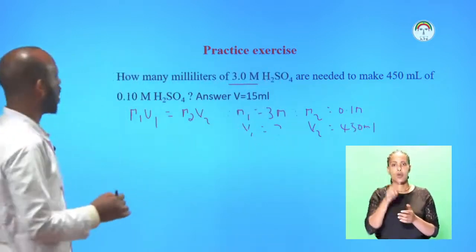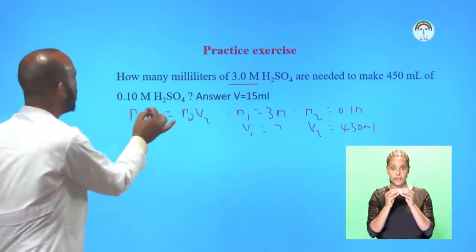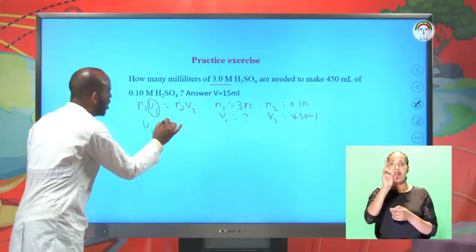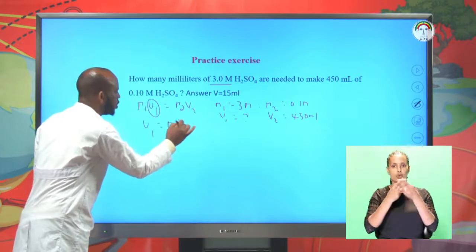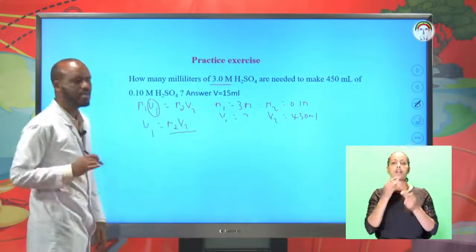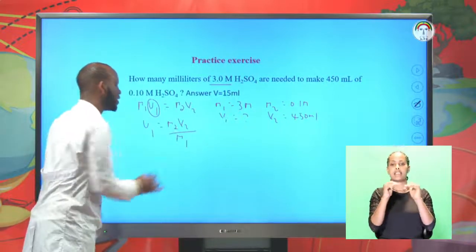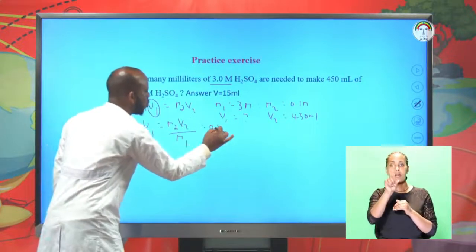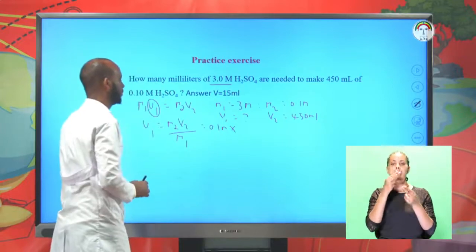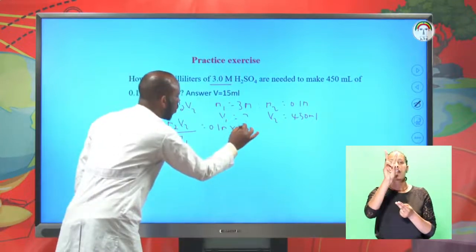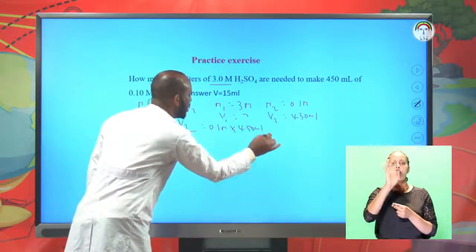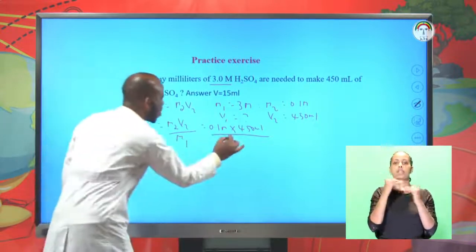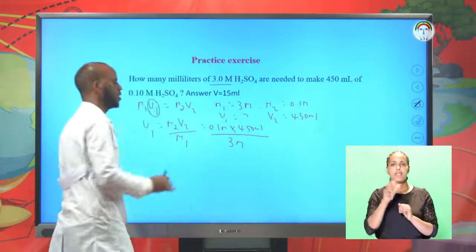You are asked to calculate the initial volume V1. Therefore, V1 equals molarity 2 times V2 divided by initial molarity. M2 is 0.1 molar times V2, 450 milliliter, divided by initial concentration, 3 molar.